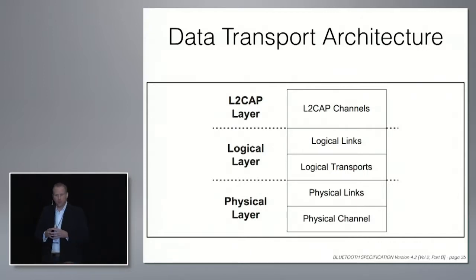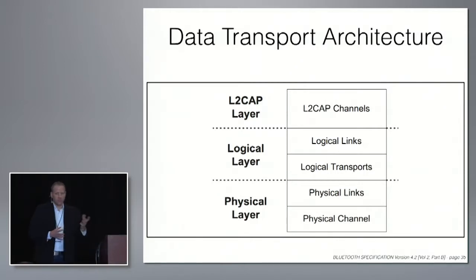The logical transports are where the packets are actually sent. Here, depending on the application, you could have asynchronous connections, synchronous connections, or broadcast data that goes out. Remember, a master can connect to up to 7 slaves, so it can transmit broadcast packets out to all of the slaves in the Piconet if necessary.